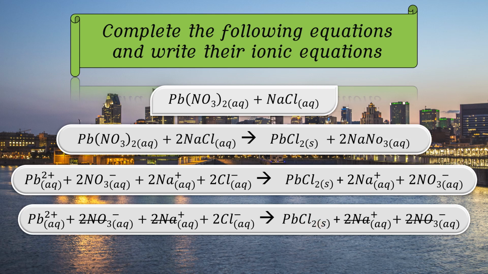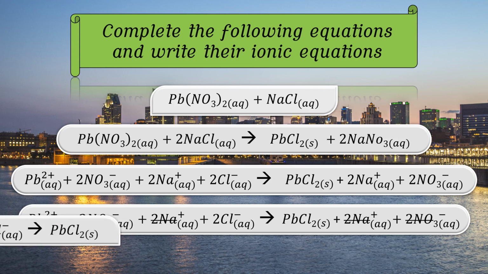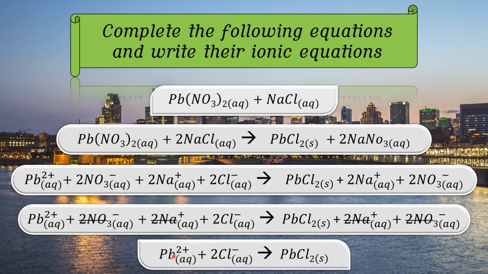So our ionic equation is going to be: we shall have lead 2 ions reacting with chloride ions, forming lead 2 chloride solid, which is a precipitate. And that one becomes our ionic equation.